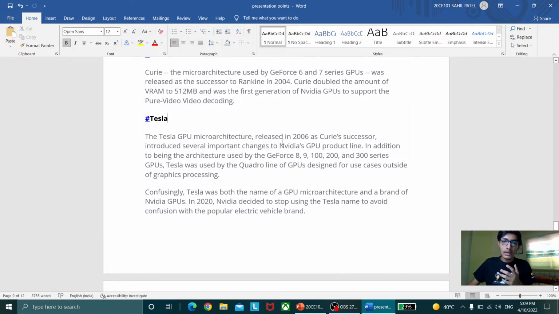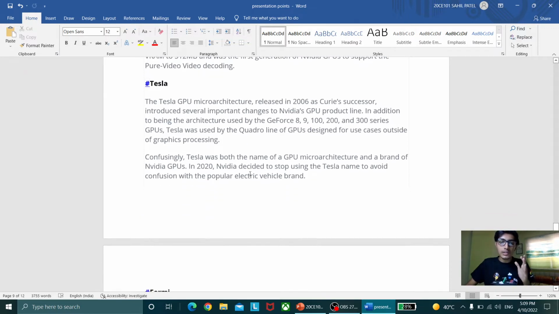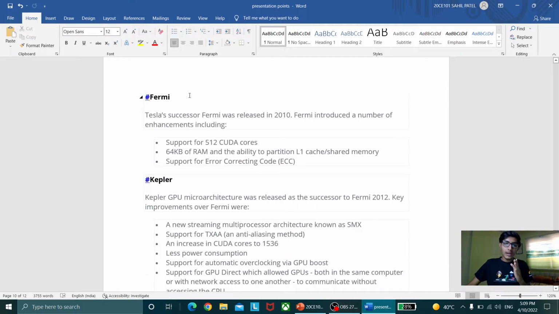Then came Tesla in 2006, which improved the speed, and a Quadro line of GPUs was designed which powered the GeForce 8 and 9 series, which became very popular and was a great line of success. Then came the Fermi architecture.